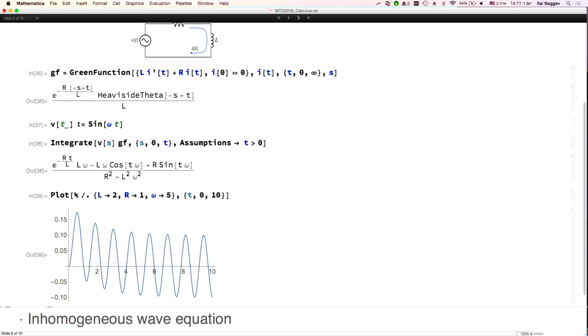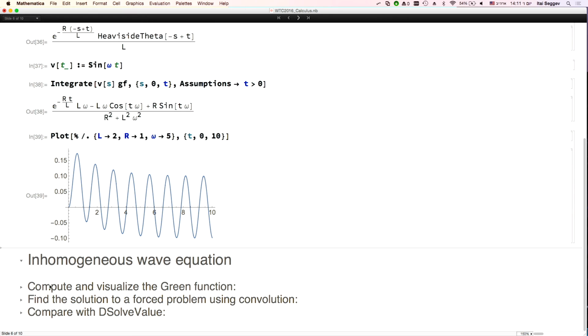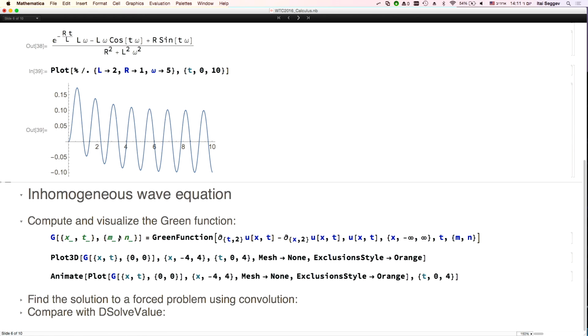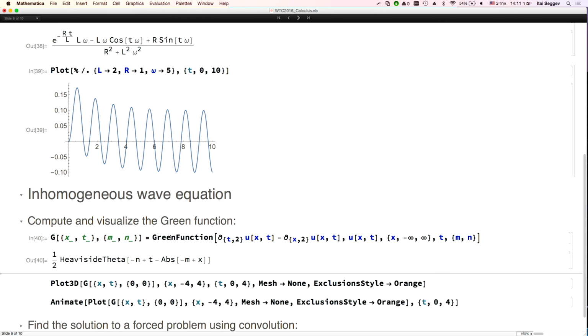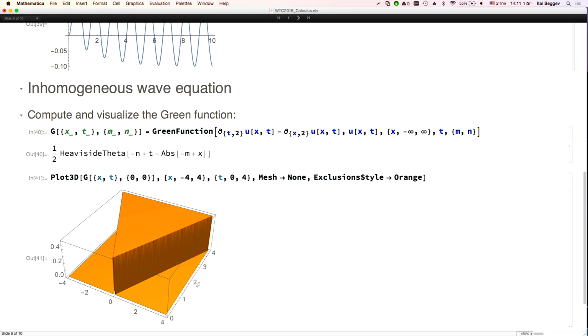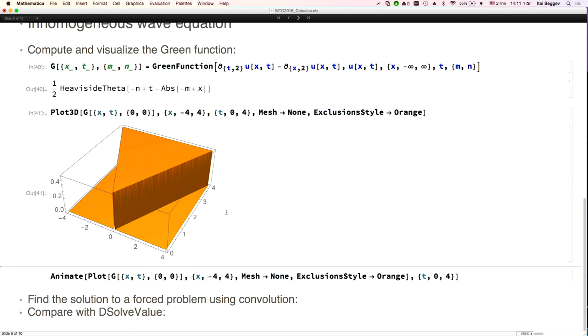Another example is an inhomogeneous wave equation. Here I've defined the Green's function in a classical notation where I have one pair of variables separated from another pair of variables. And this is the solution to a delta function for the wave equation. If we plot that as a function of x and t, we get something which looks like that.